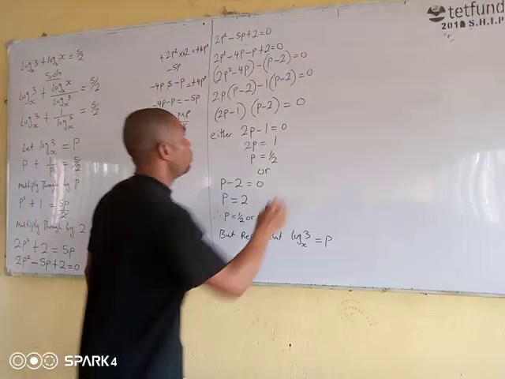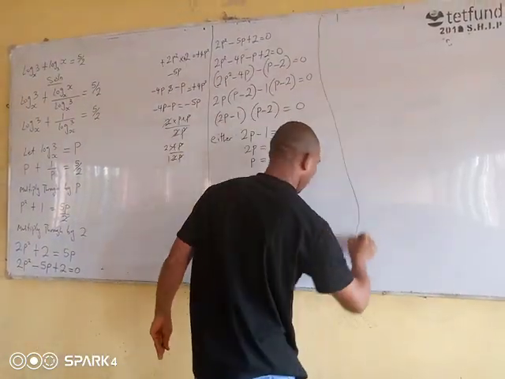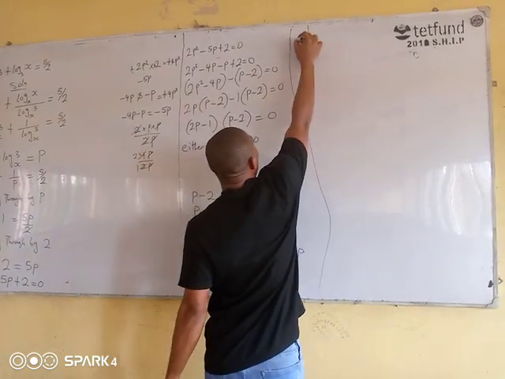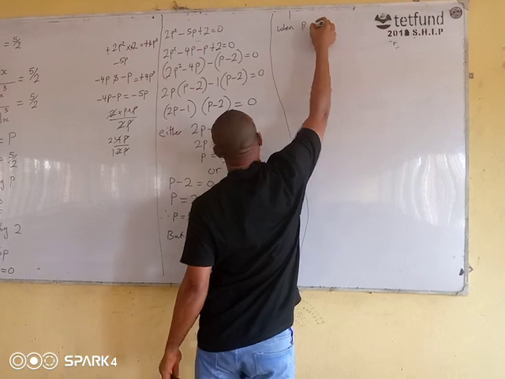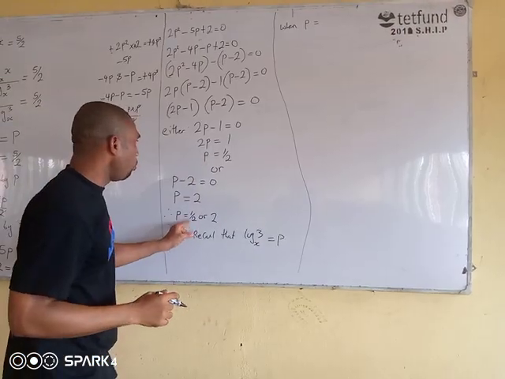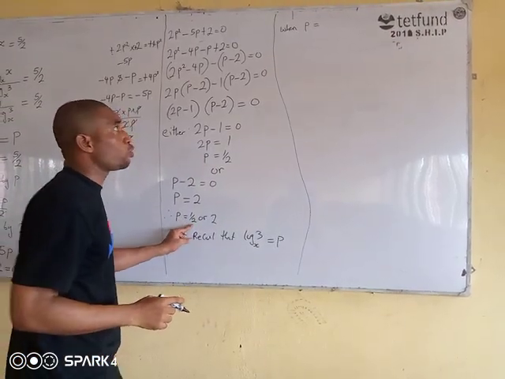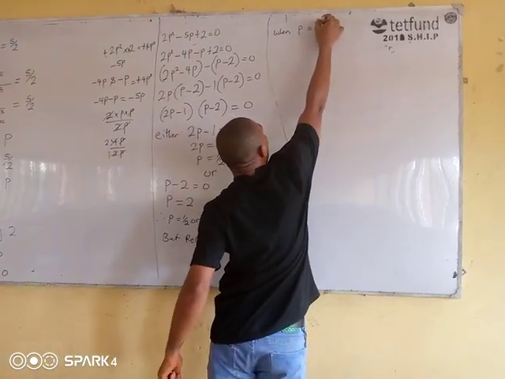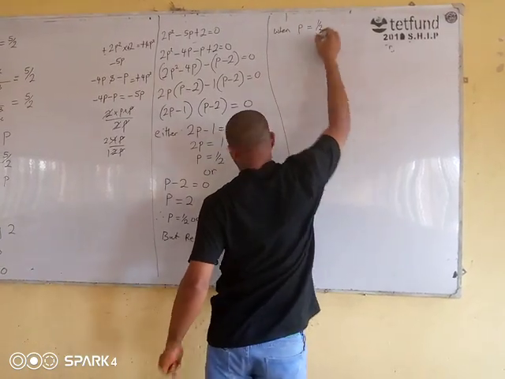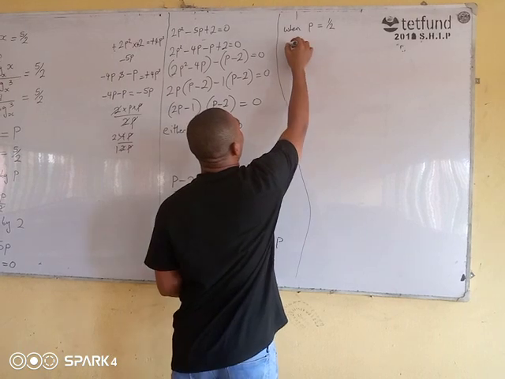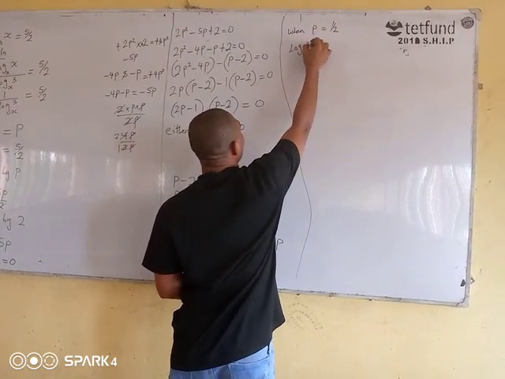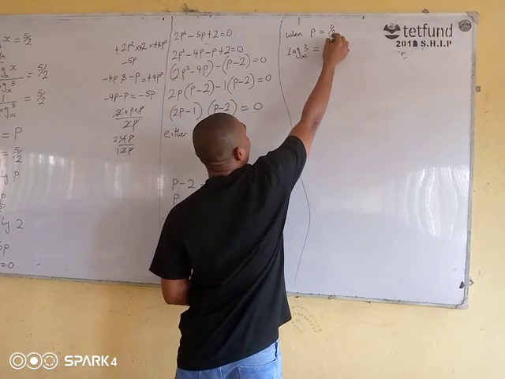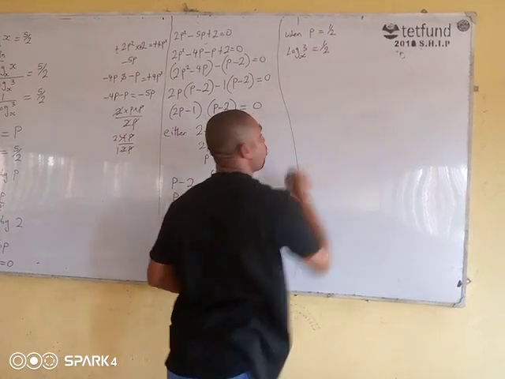Now, when p is equal to the first solution, which is 1 over 2, we're going to have log 3 base x is now equal to 1 over 2.